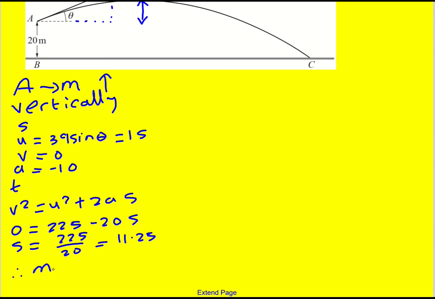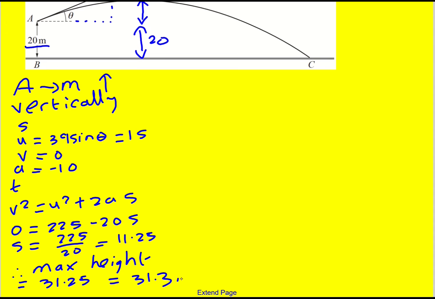Therefore, max height, bearing in mind that we started 20 meters above the ground, it's going to be 20 plus 11.25, 31.25. That is kind of exact, but we're dealing with a model here, and we've used gravity as 10, so I'm going to write it as 31.3 meters.